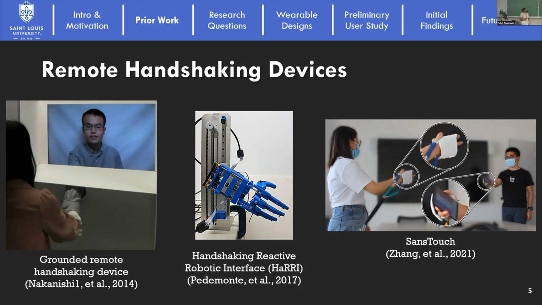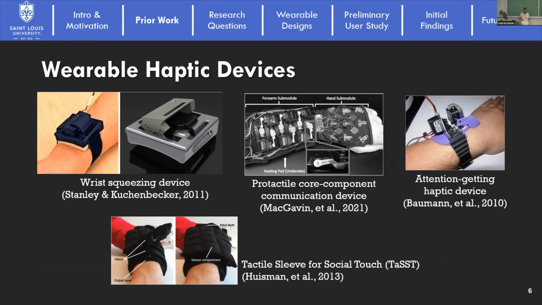There has been some other work that's been focused around wearable devices, but not much has really been explored within that space. So wearable devices have been explored, and using haptics within wearable devices has been explored not to the largest extent, but to a decent extent. So we have devices that work for wrist squeezing or mostly other forms of communication.